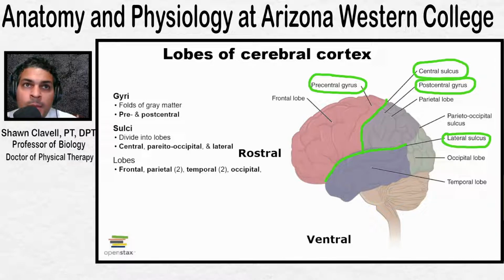As well, we'll also see the lobes of the brain being divided here. The frontal lobe is divided by the central sulcus and the lateral sulcus.